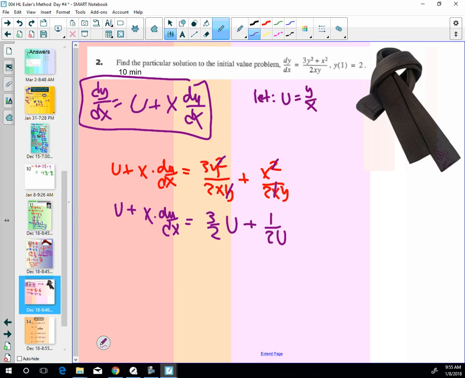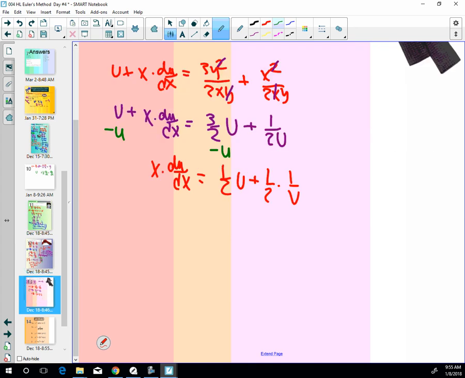What's going to happen when I subtract u from both sides? It's not nice, is it? x du/dx is going to be equal to 1/2 u plus 1/2 times 1 over u. So what some people are going to do is they're going to go x du/dx is equal to 1/2 times u plus 1 over u.